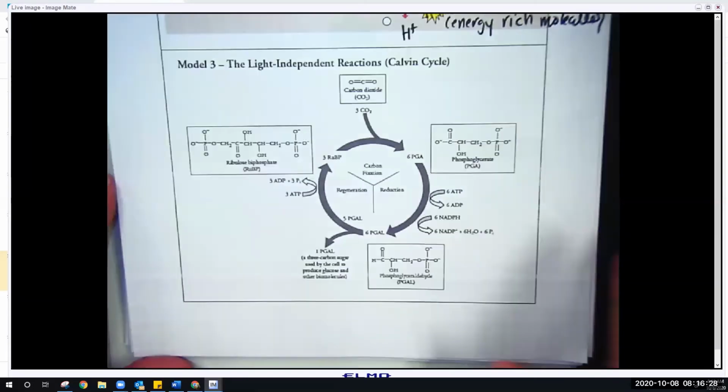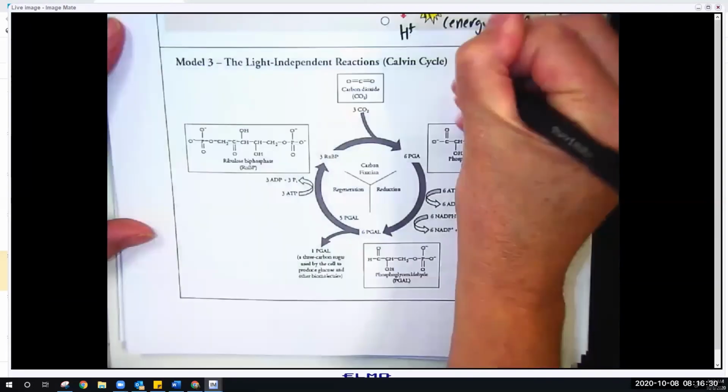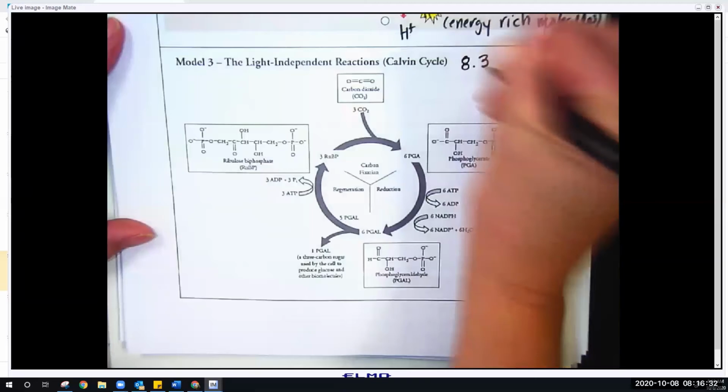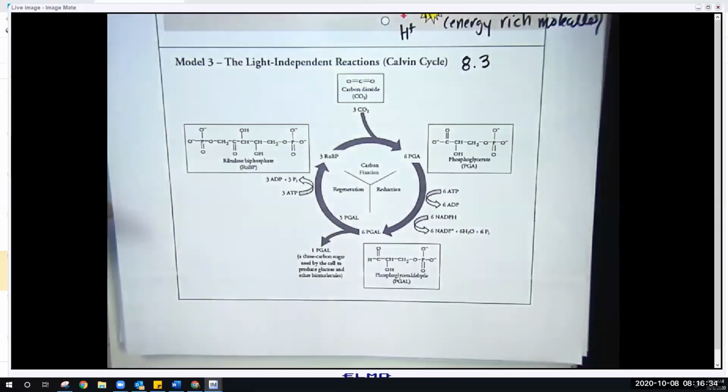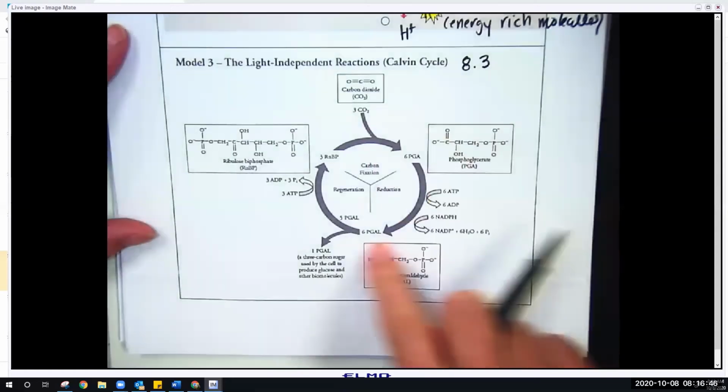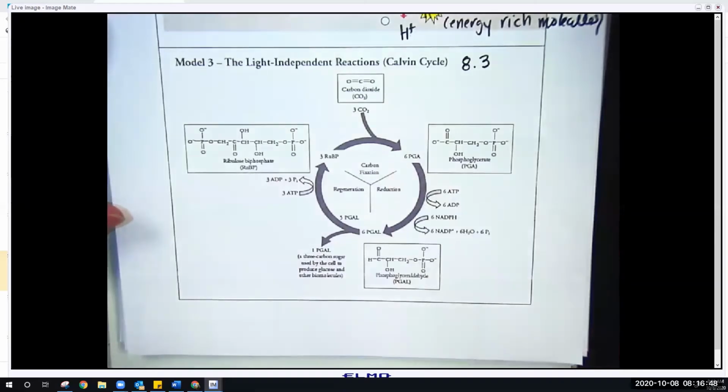So in your textbook, this is chapter 8, section 3. If you're going to review it, I will tell you that if you read that, there's a lot of information that you do not need for the AP test. They go through all of the reactions that happen here, and you do not need to know all of those reactions. So I'm just going to tell you what you need, not anything more.